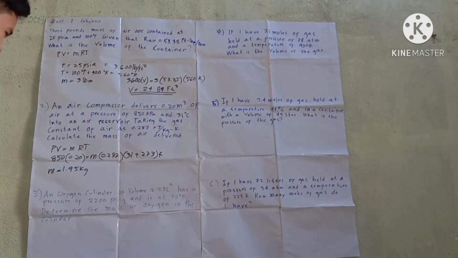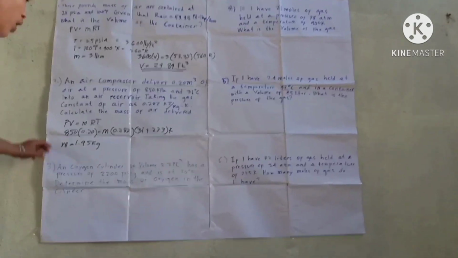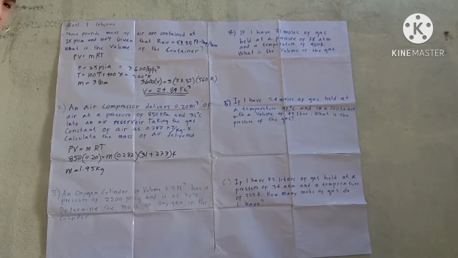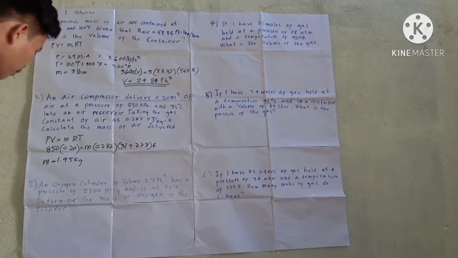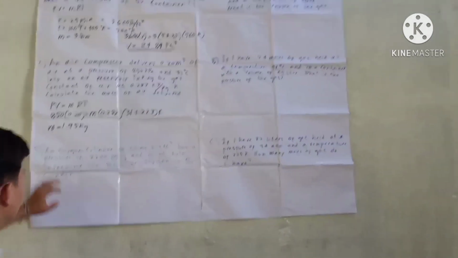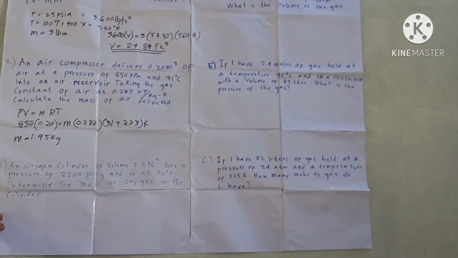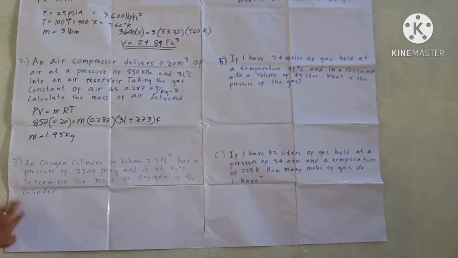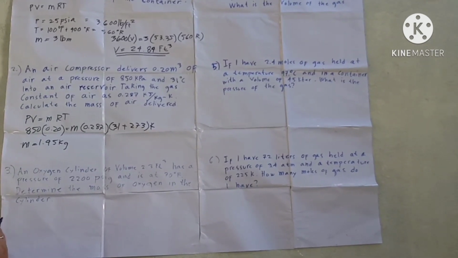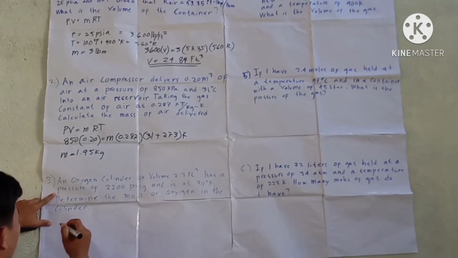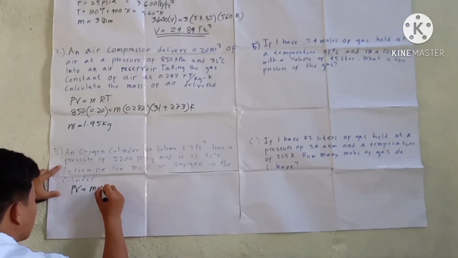So an oxygen cylinder of volume 2.3 feet cube has a pressure of 2,200 psi and is at 70 Fahrenheit. Determine the mass of oxygen in the cylinder. So since the volume is given 2.3 feet cube, then the temperature 70 Fahrenheit, then also the gas constant of oxygen is 48.29. So we need to solve by PV equals mRT.